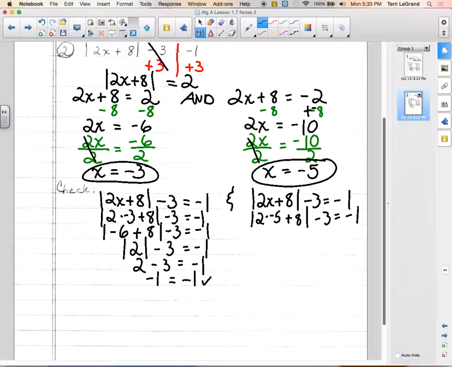So now we take 2 times -5, which is -10. And again, everything else just stays like it is. Now we combine that -10 and that 8 that are inside the absolute value bars, and we say -10 plus 8 is -2.